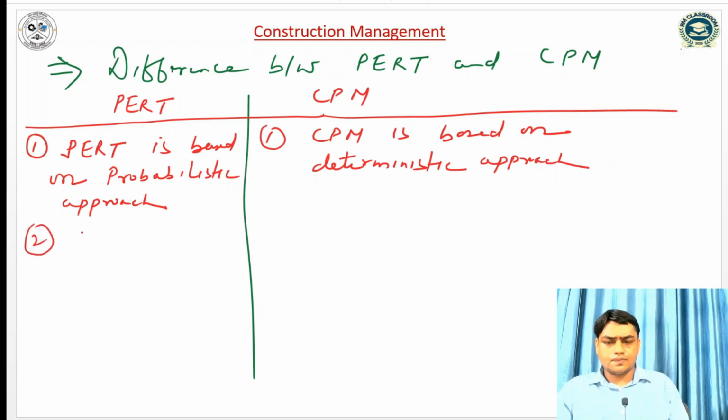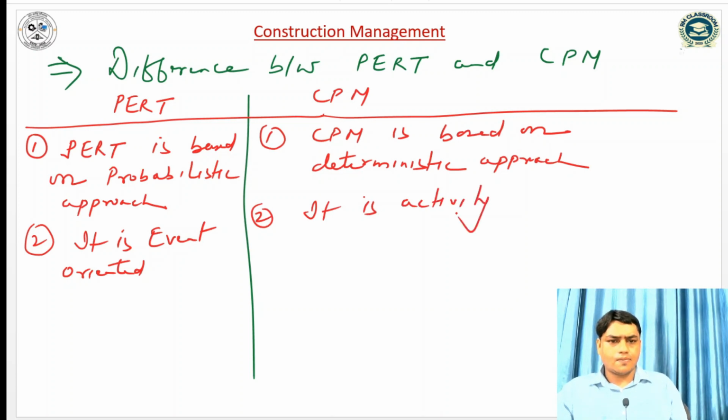The second one is that PERT is event oriented, and CPM is activity oriented.